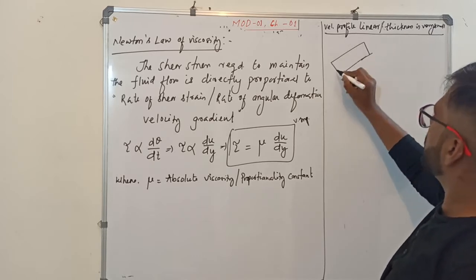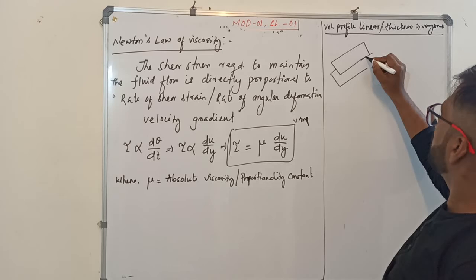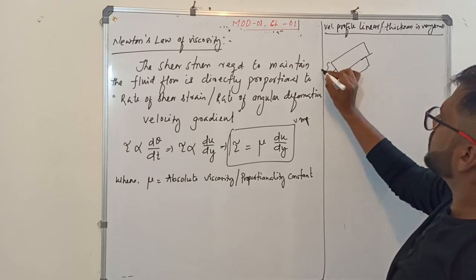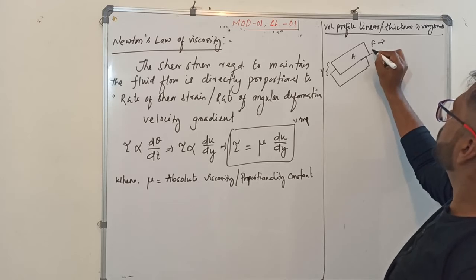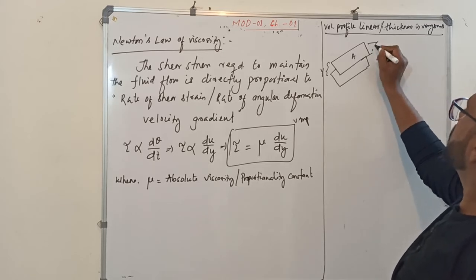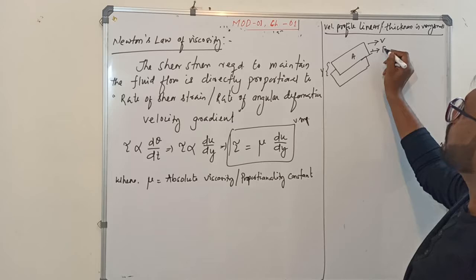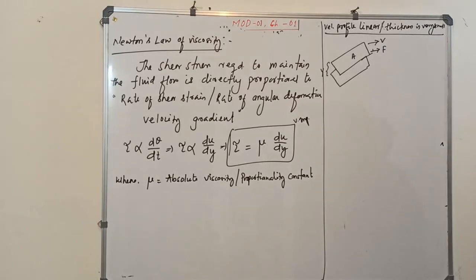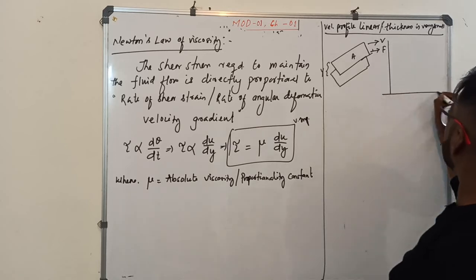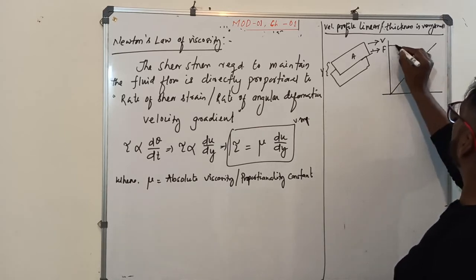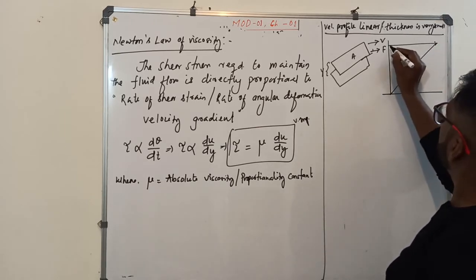Remember, empirical formula बोला था. This is by area, moving force. It's moving at a velocity v. The force required is F. Okay. In such cases, what will happen? Your velocity profile is becoming linear like this. This is the depth.